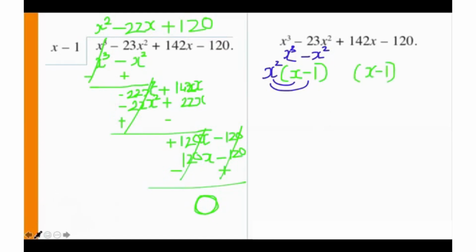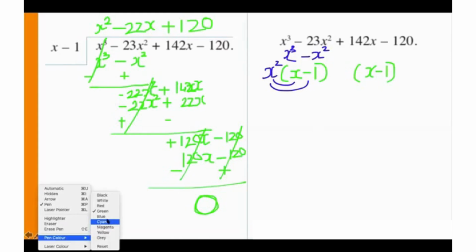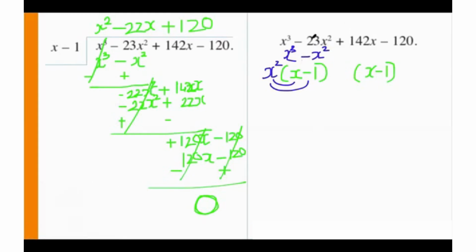And now let's see what we can do. So I needed minus 23x square here. So what should I add to minus x square? I should add minus 22x square to get minus 23x square. Now these two terms I have got from here.